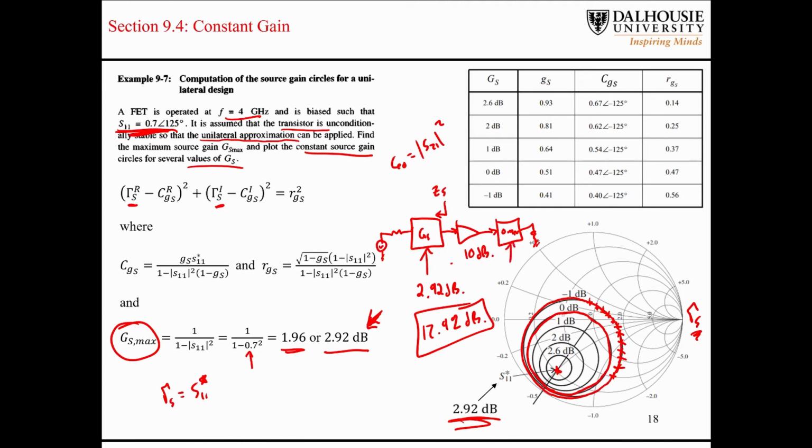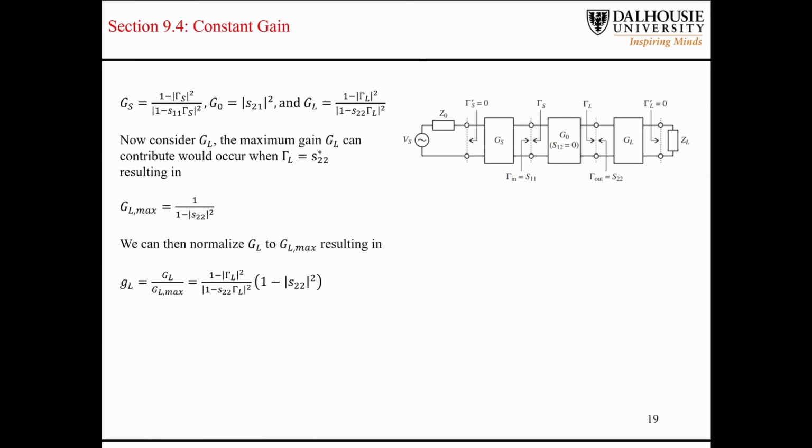But what about the output matching network? So there'd be a gain associated with that output matching network as well. Okay, and that gain would be given by this expression here. So basically you can come up with another gain circle for the output matching network here, in this case, for the unilateral transducer gain. Basically we can follow the same format as last time. We can perfectly match the load to the output of the transistor.